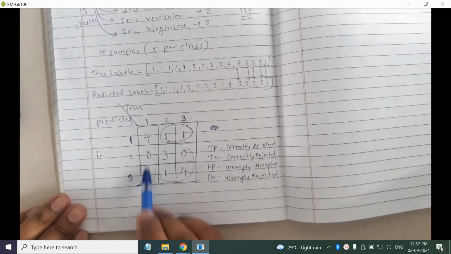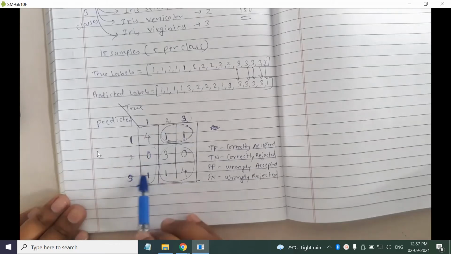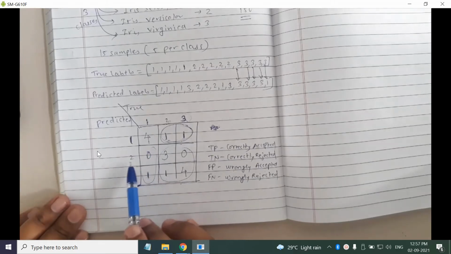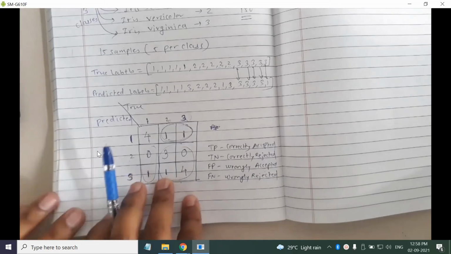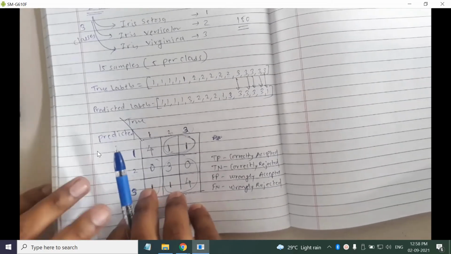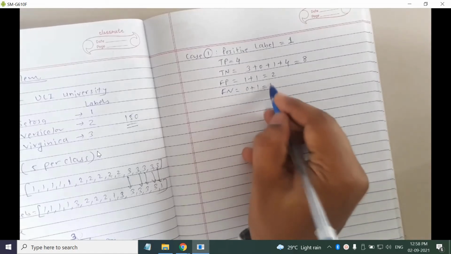This happened for these two samples. The true label was 1, but our model said negative. 2 and 3 are the negative labels. So false negative will be the summation of these two values, 0 plus 1, that is 1.